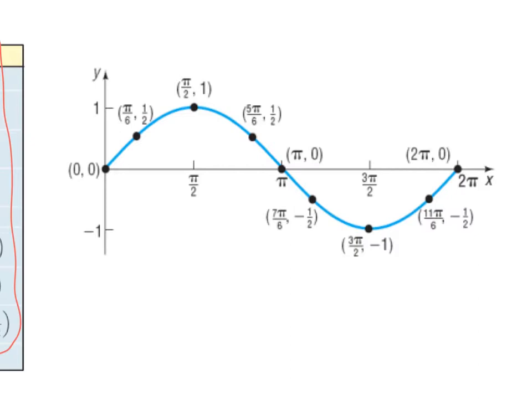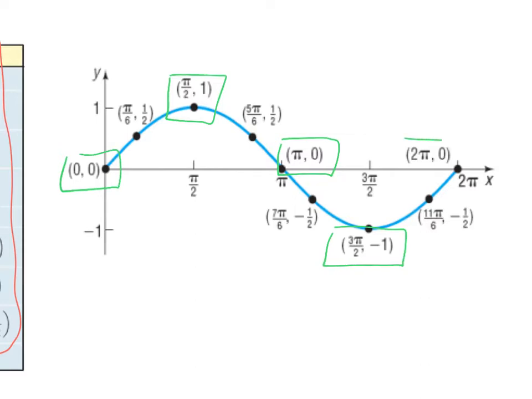The key points, there are 5 key points. We always use these 5 key points. First one is 0, 0. The second one is pi over 2, comma 1. The third one is pi, comma 0. The fourth one is 3 pi over 2, comma negative 1.